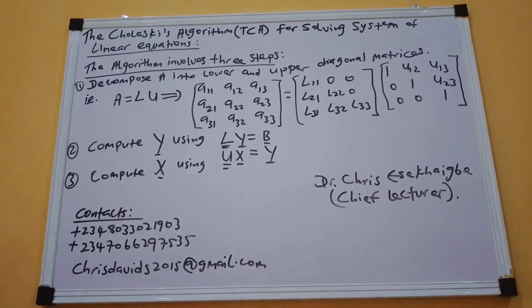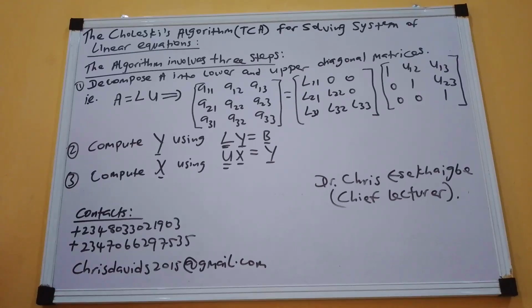Remember, I told us at the beginning of this series that we have two major methods of solution. We have the direct methods of solution, and we also have the iterative methods of solution.